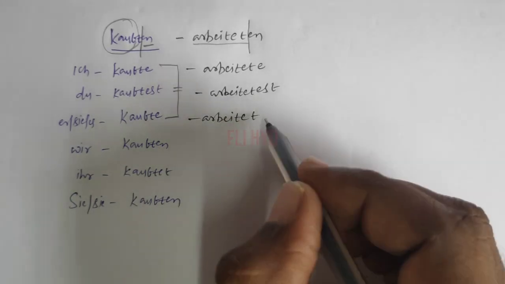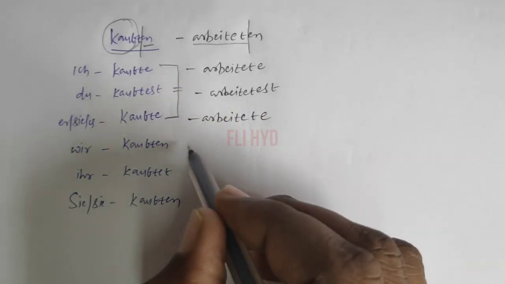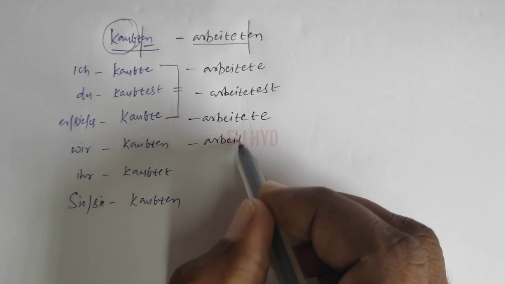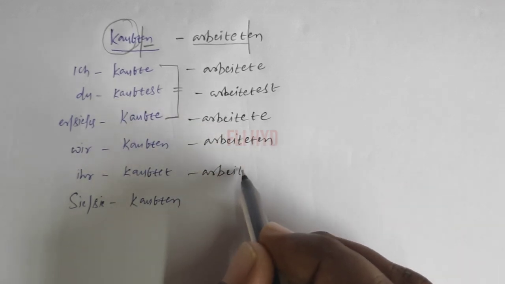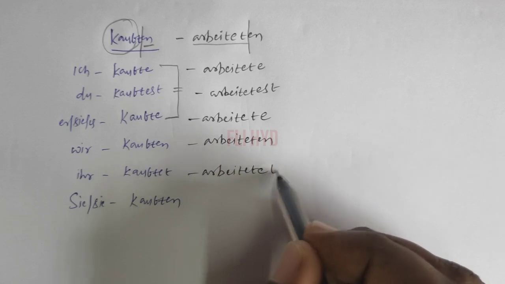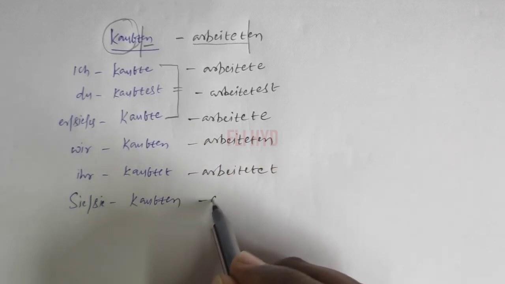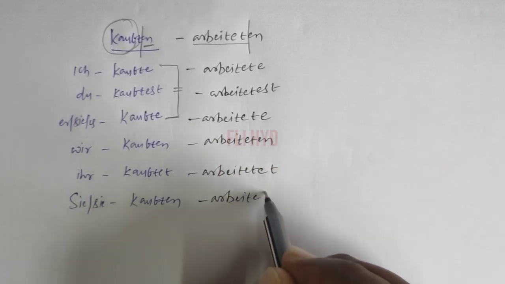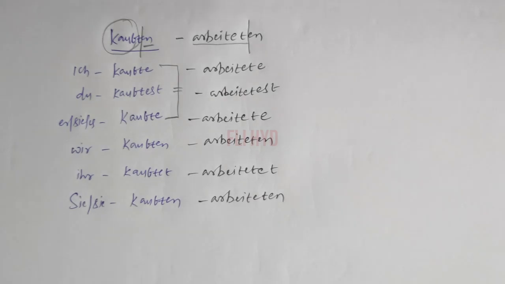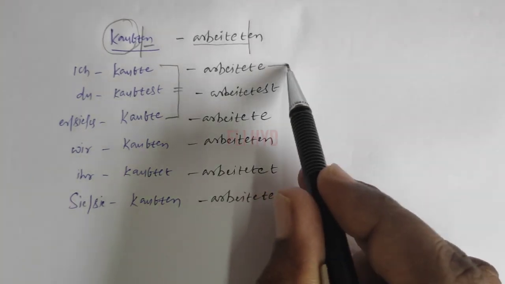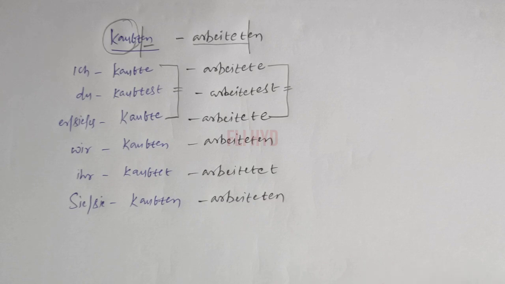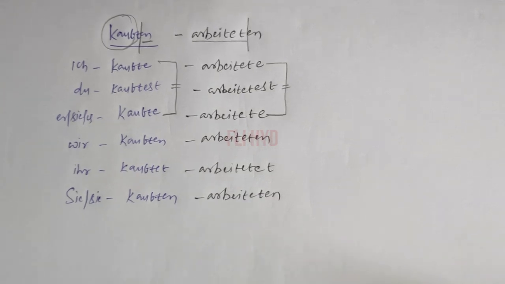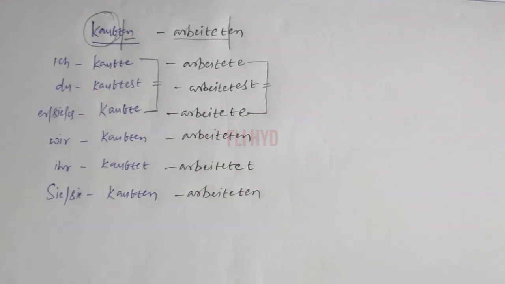So er arbeitete. Wir, stem arbeitet, ending en. Ihr, stem arbeitet, ending et: ihr arbeitetet. And sie, sie, stem arbeitet, ending en. So ich arbeitete, er arbeitete. This is also the same in the past tense.